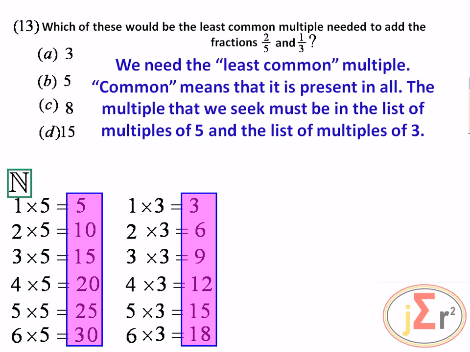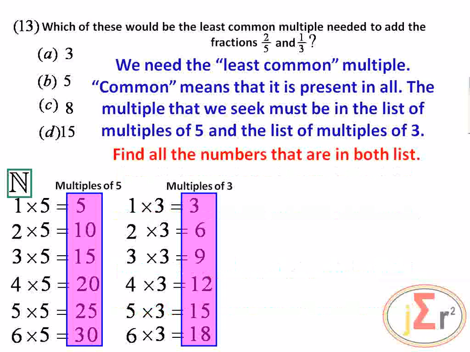So 15 is the smallest, the lowest, or the least common multiple of 5 and 3. So those are the multiples of 5 and 3. Find all the numbers that are in both lists. And I asked Jerry already, and Jerry told me that the number that is present in both lists is 15. So there we have that 15.